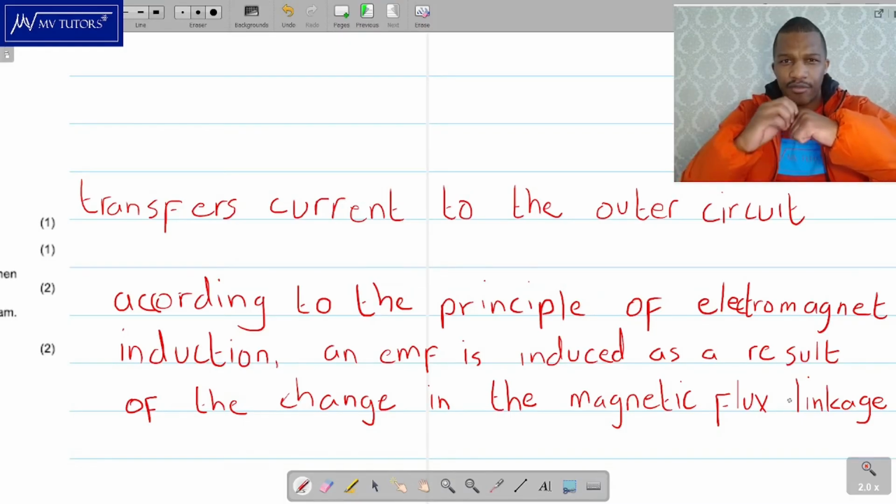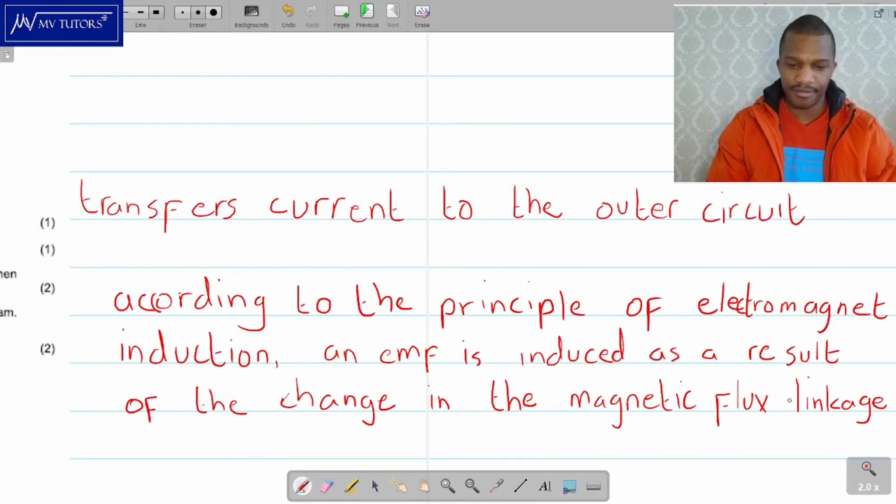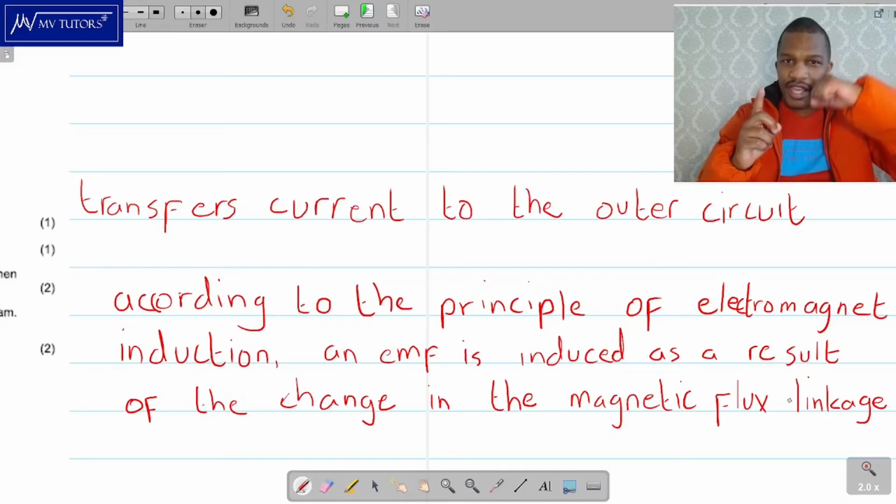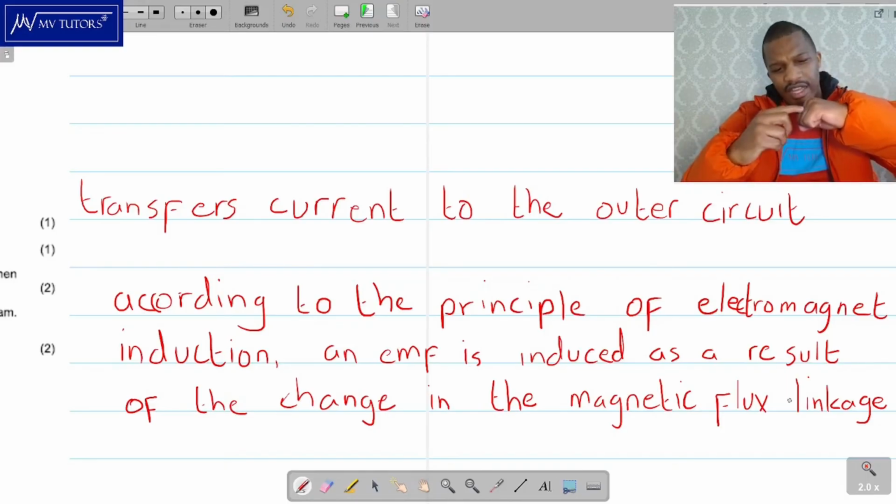Just like there's a change in the linkage of the matches and the box. As long as there's a change, there's a fire being created.